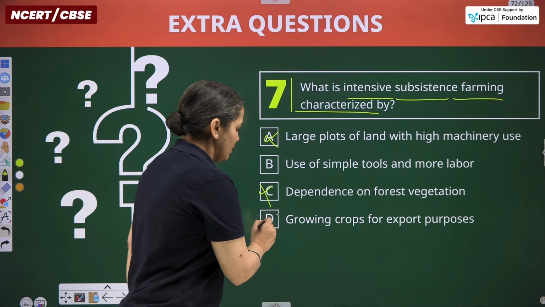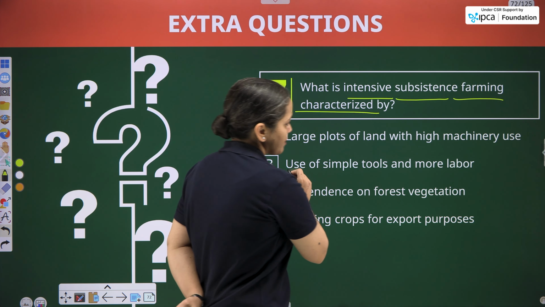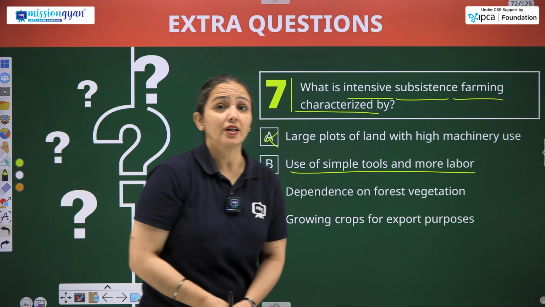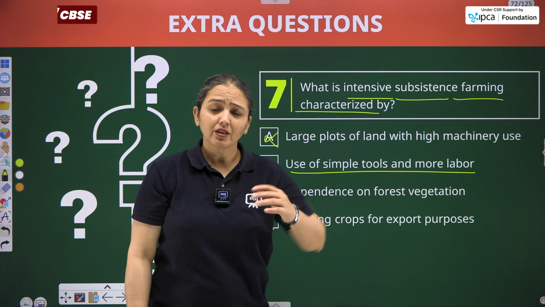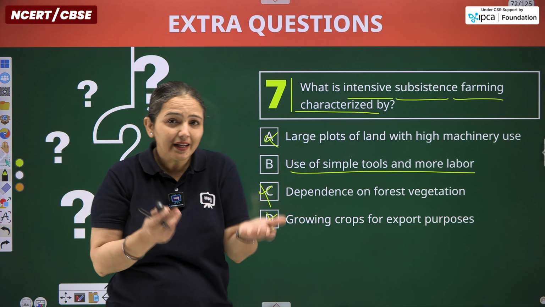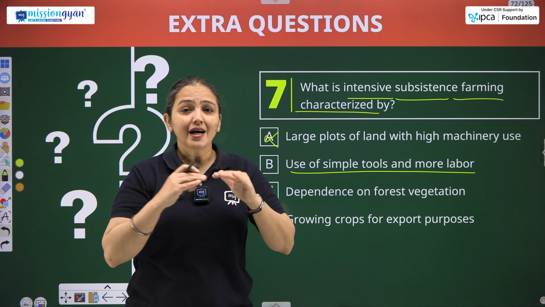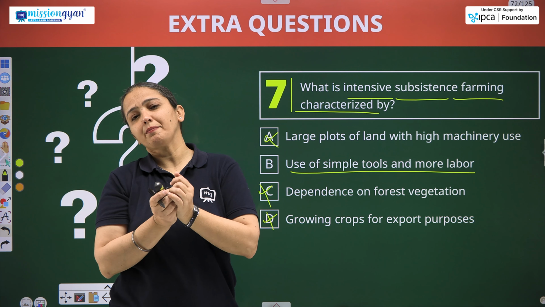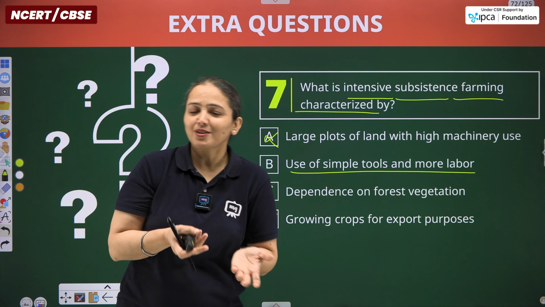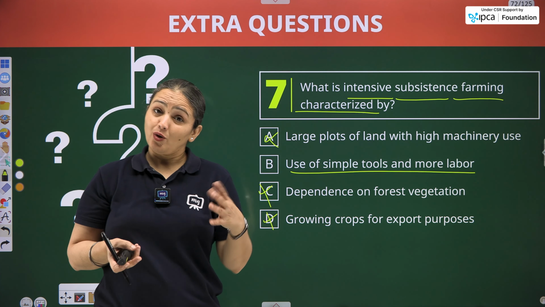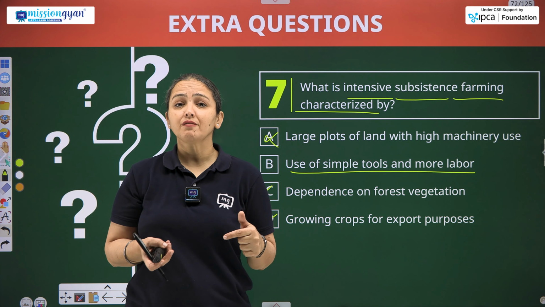Not at all. So the answer remains use of simple tools and more labor. More labor in the sense that the farmers are not hiring laborers, but the entire family participates, because the farmer does the farming with the help of his entire family, wife, kids, and so on.